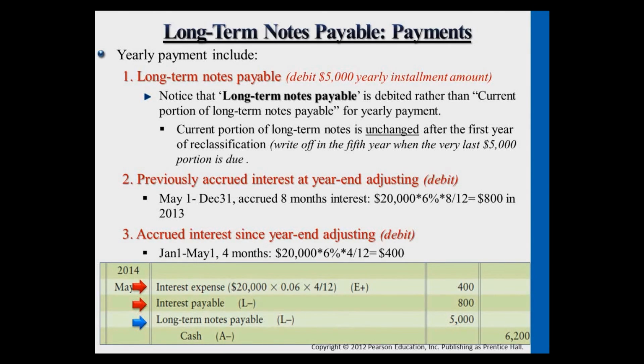The 6%, we apply 4 months to it since this note breaks into a second accounting period. So last year we just have 8 months of interest accrued. This entire year we have 4 months of interest accrued. So this interest expense breaks down into 2 categories. And we have $5,000 principal. Add them all together. This is the full year, 1 year's installment, which is worth $6,200.